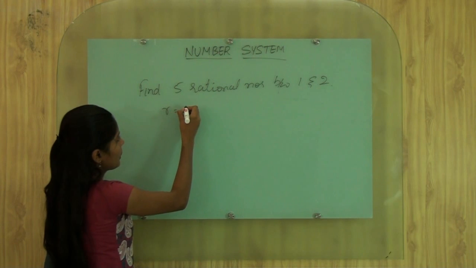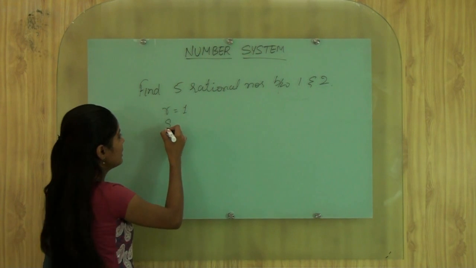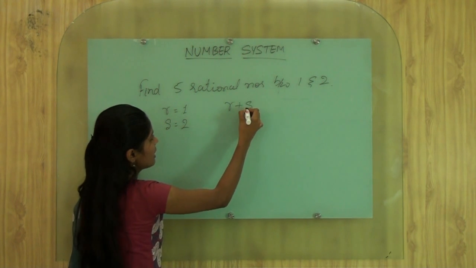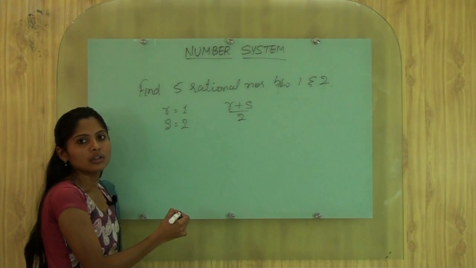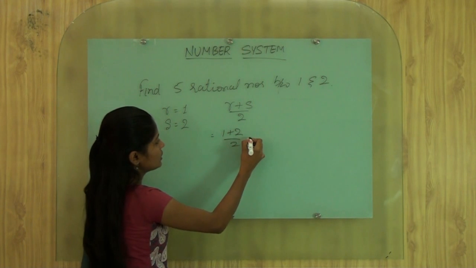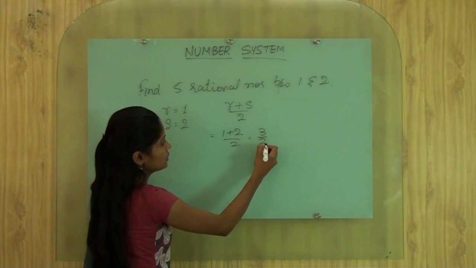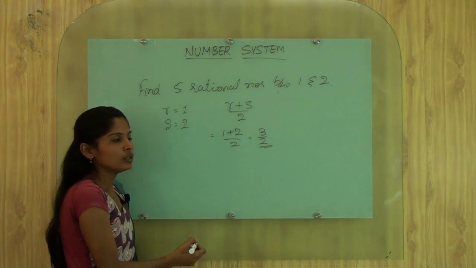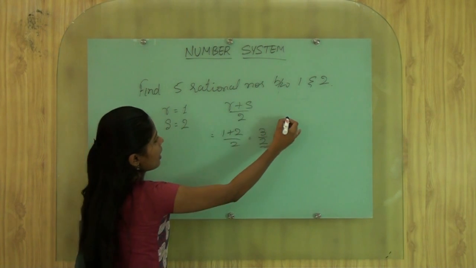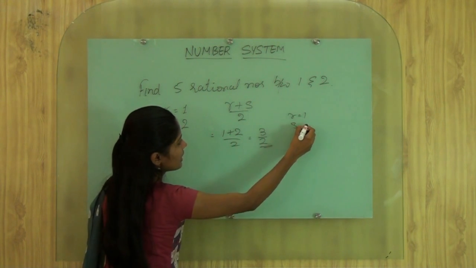Let's take 1 as r and s as 2. You have to perform (r plus s) by 2. That is, 1 plus 2 by 2 is equal to 3 by 2. 3 by 2 is a rational number. Again, make r as 1 and s as 3 by 2 now.